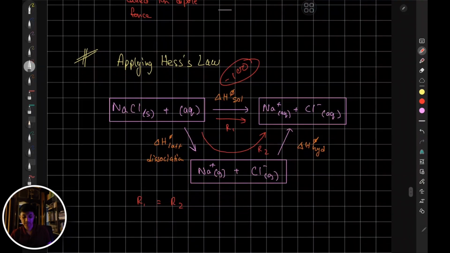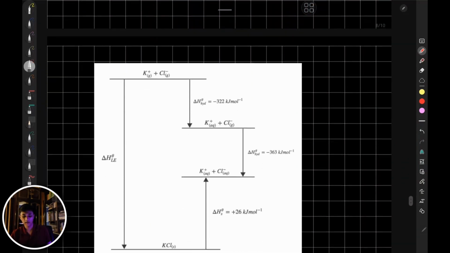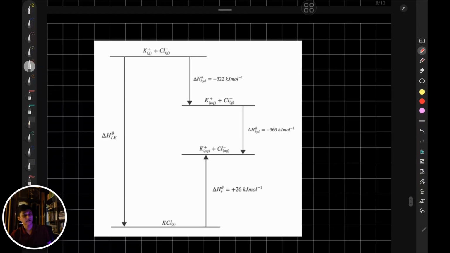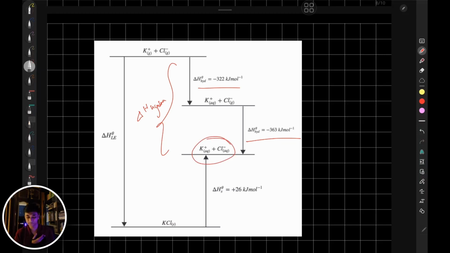In my case, I started off with the solid, and in this case, they're starting off with the ionic gas. So what they're doing is, this entire process is del H hydration, where they first hydrate the potassium ion and then they hydrate the chloride ion. So first they hydrate it and they get the ionic aqueous solution.